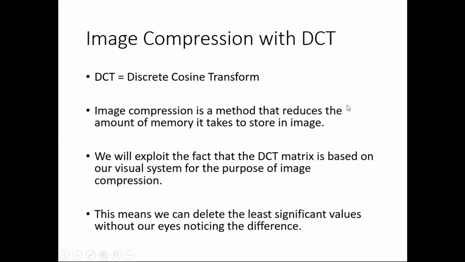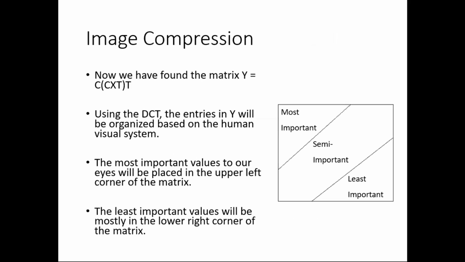Then discrete cosine transformation. Using this discrete cosine transformation, we are taking a part of the image and performing the discrete cosine transformation. Using this, we gather the most important pixels in the top left corner of the image for the selected block, and the semi or middle important part we place in the middle of the block, right?